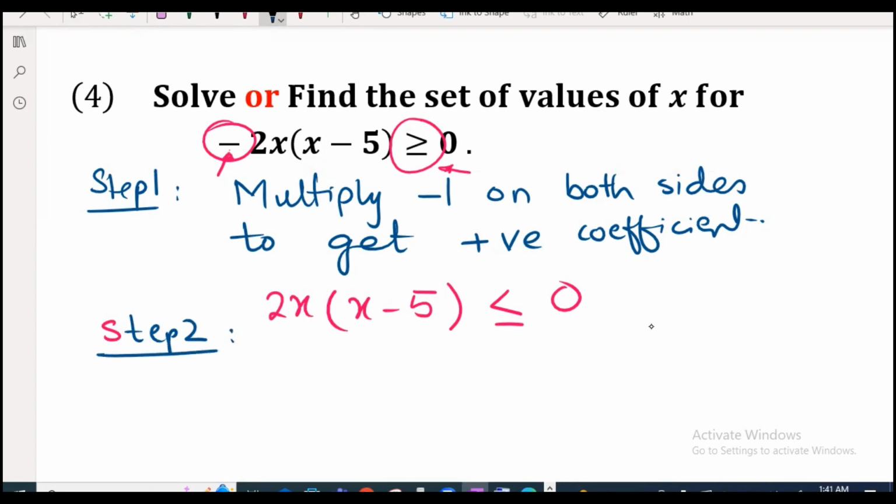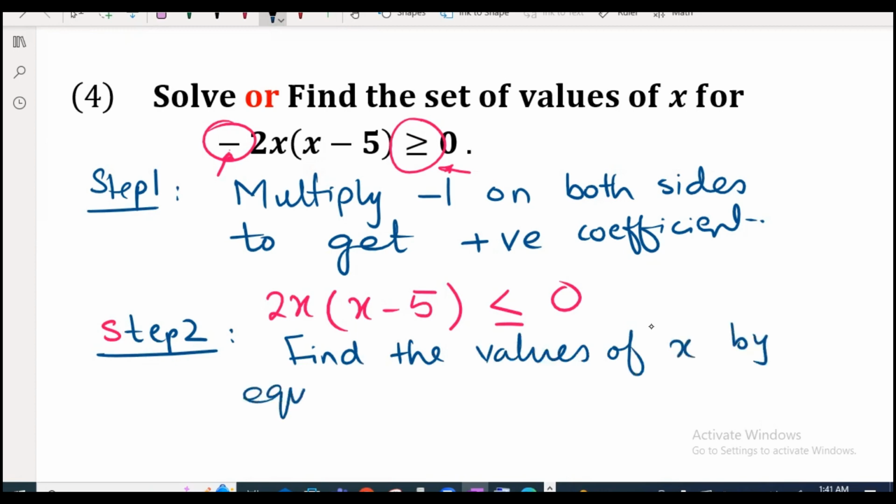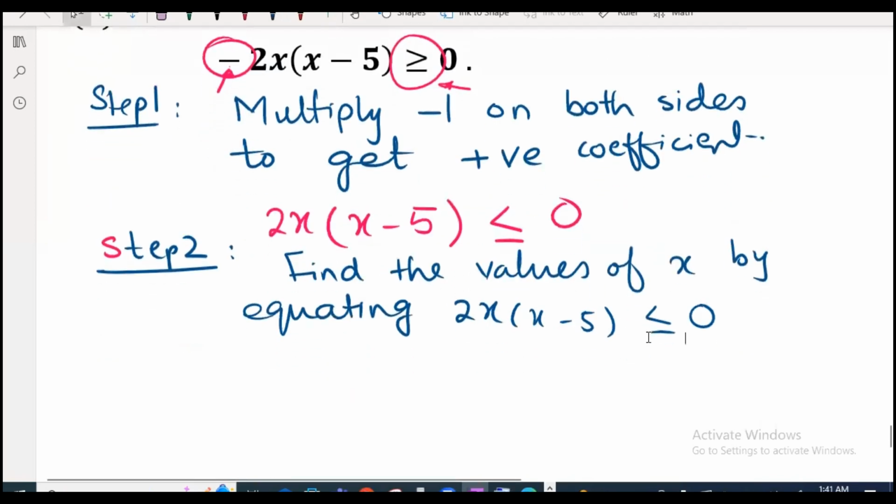Step number 2 is find the values of x by equating 2x times x minus 5 lesser than or equal to 0 with 0.